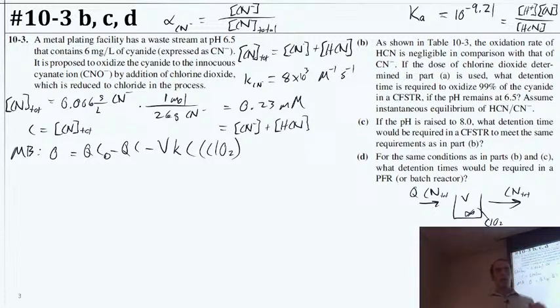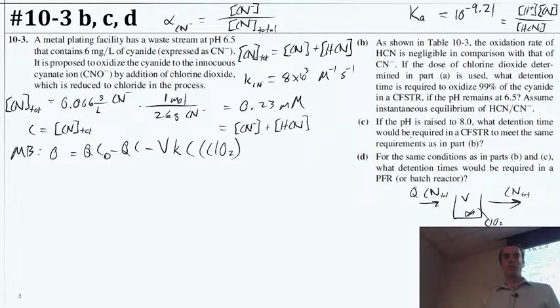Okay, now, with all of that, actually, if that's in moles per liter, no, that's fine. With all of that, we can solve this for C like we normally would. Well, actually solve it for tau.